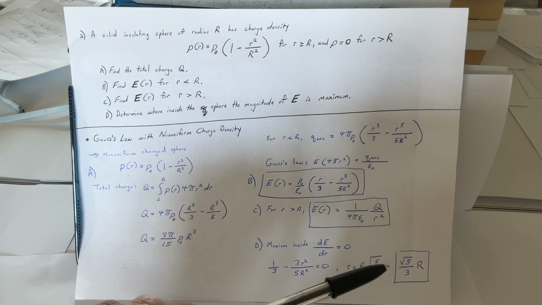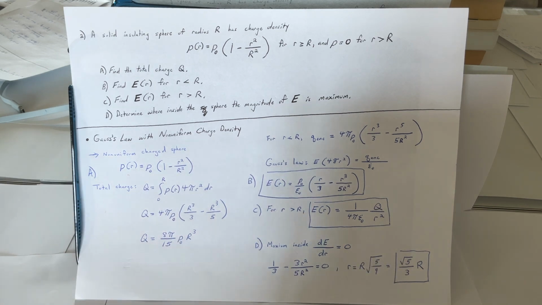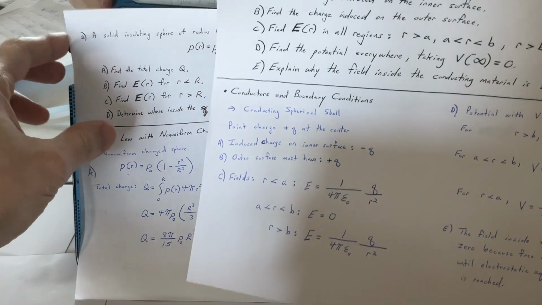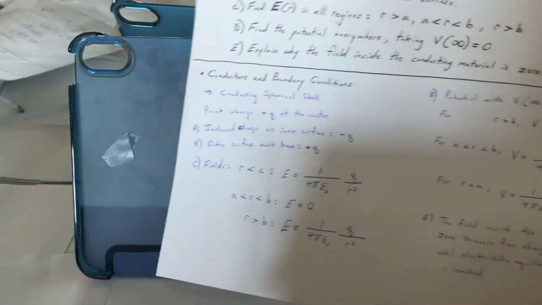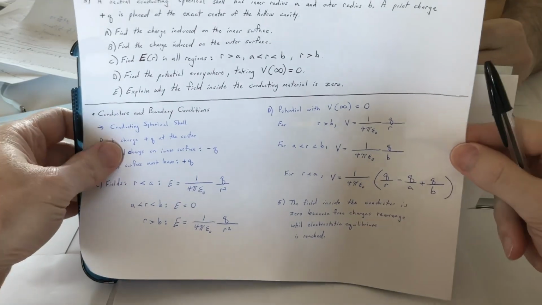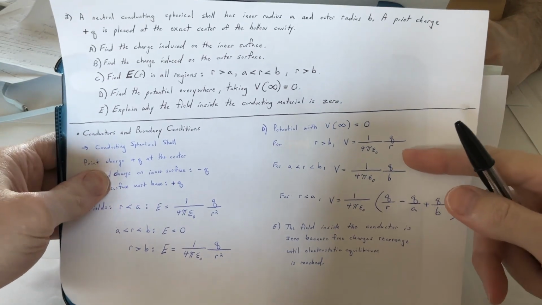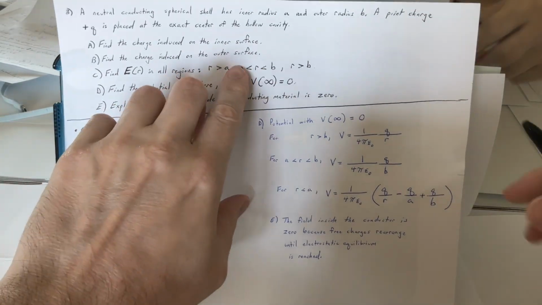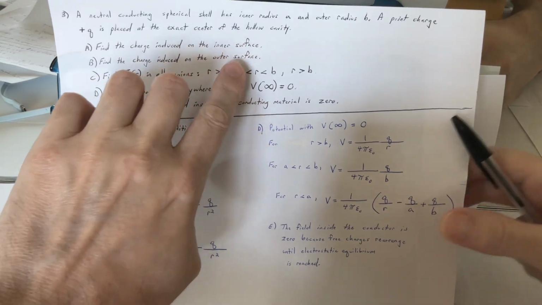So r is going to be equal to square root of 5 over 3 times capital R. So that's for number two. And now moving along to number three.